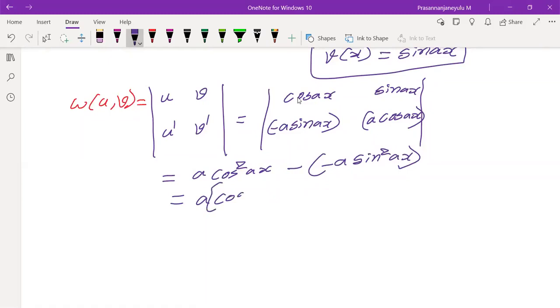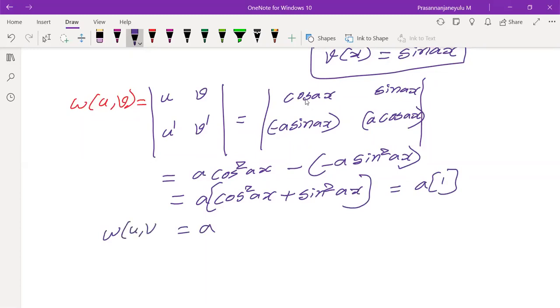So we get cos square x plus sin square x. It is in the form of sin square theta plus cos square theta, but in place of theta we have x. That's enough, so it equals 1. We can write it as a into 1 equals a. W of u comma v value is a.